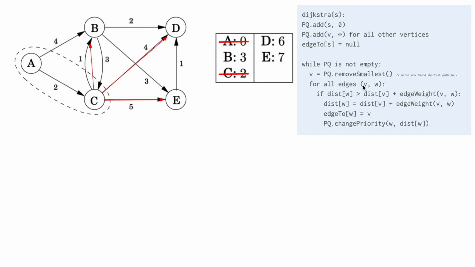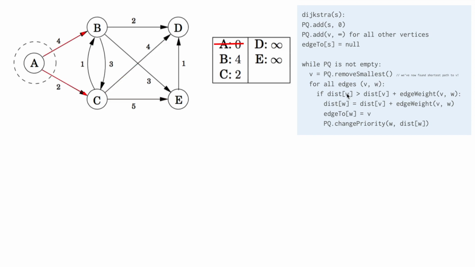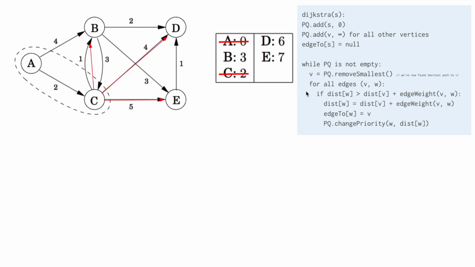So for the edge CB, the distance to B from this previous step is 4, right? So distance to B is 4, but the distance to C is 2. So C is the node we're currently visiting, and the edge weight from C to B is 1. So 2 plus 1 is 3. 3 is less than 4. So we're going to update B's distance to be 3.